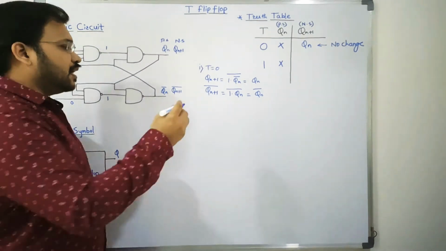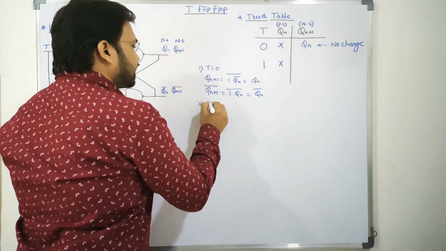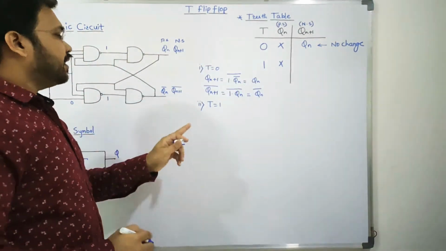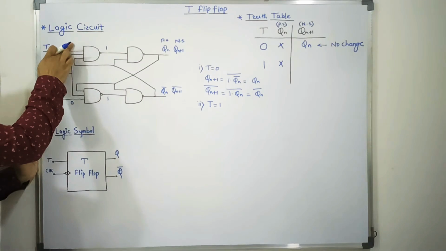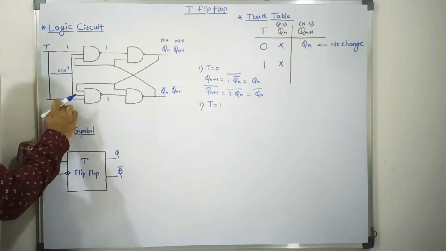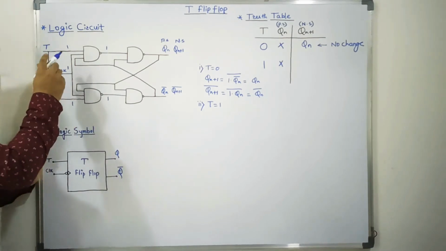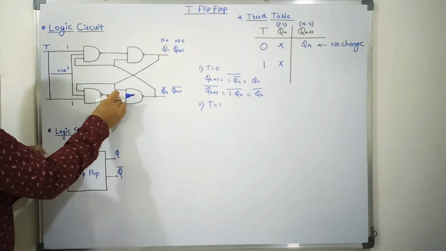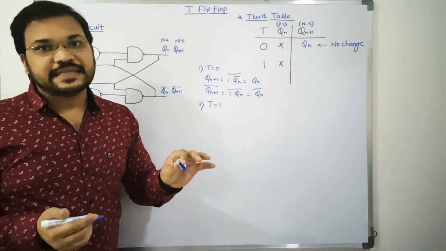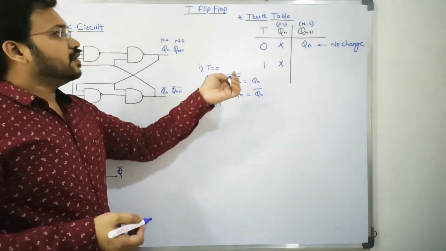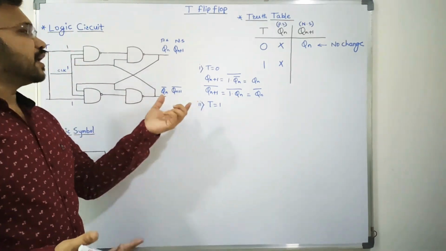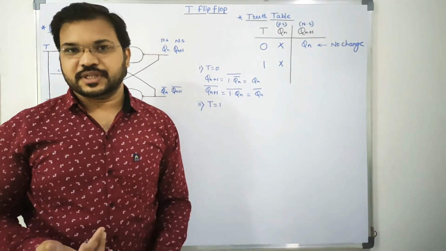Next, the second condition is T equal to 1. When T is equal to 1, the J and K also go to 1, and clock pulse is always 1. Because when the clock pulse is 0, the circuit is in an unchanged condition, meaning we get the same value, Qn.